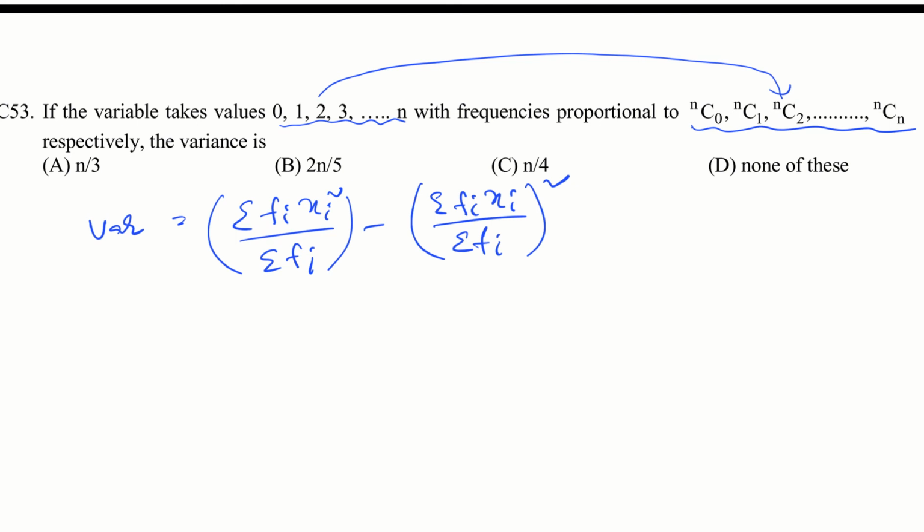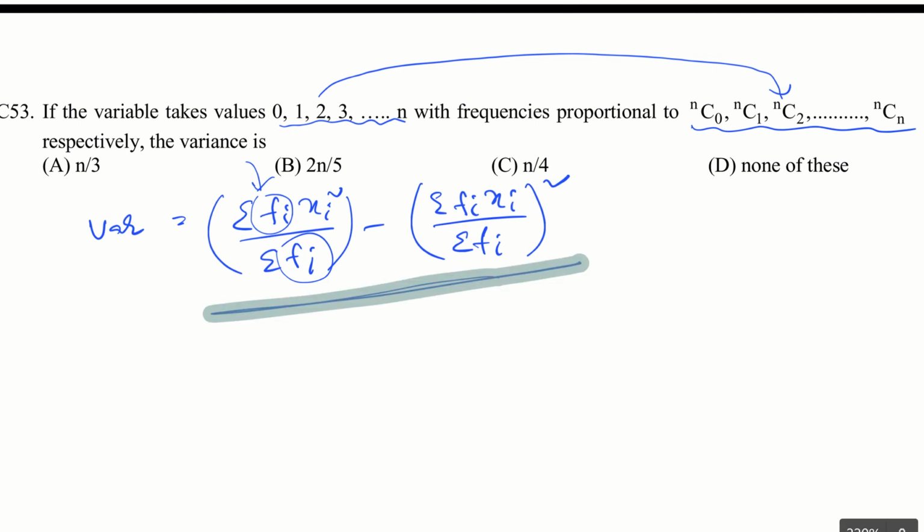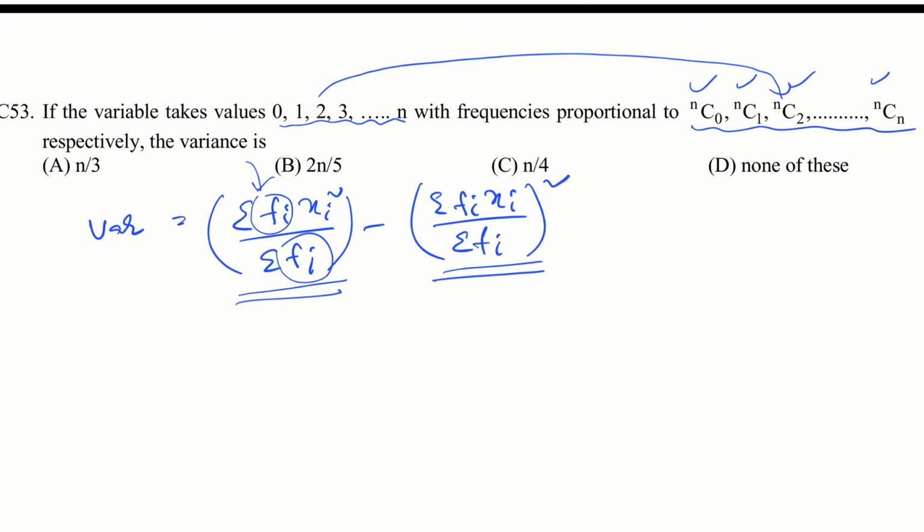But I want you to observe that even if you write k times nci for fi, then that k in the formula, after substituting, those k's get cancelled. So you don't have to worry about the proportionality constant because that will get cancelled when we write the formula of variance. Therefore, we can simply treat these as fi's the way the formula is here.